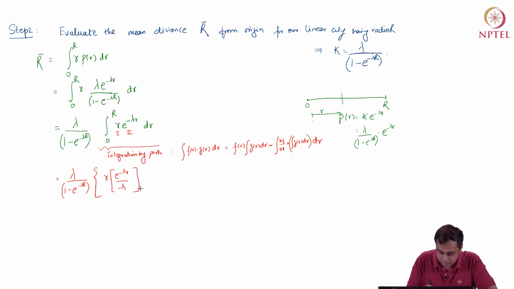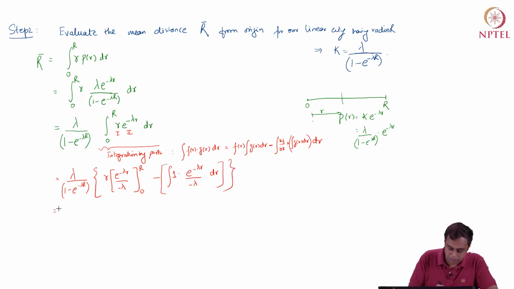So I have the following evaluated between 0 and R, minus the integral of the derivative of r with respect to r, which is just 1, times e to the power minus lambda r over minus lambda, dr. So this is the second component, and I'm going to just keep solving this.